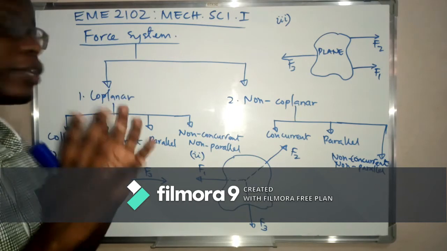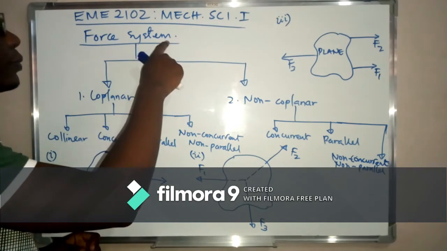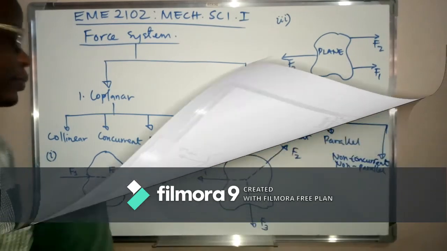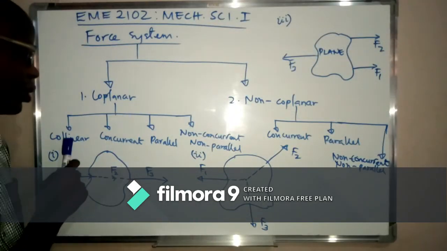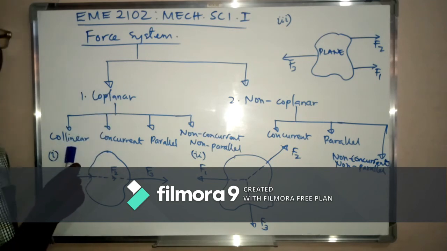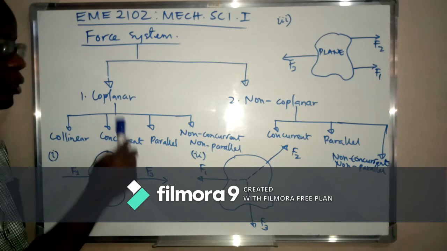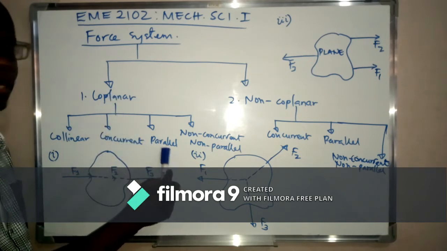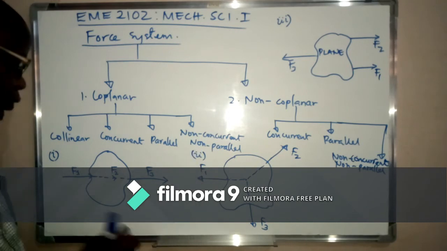Just a grouping of coplanar forces is what we call a system of forces. Now, under coplanar forces, we have coplanar collinear, coplanar concurrent, coplanar parallel. Then we have coplanar non-concurrent non-parallel.